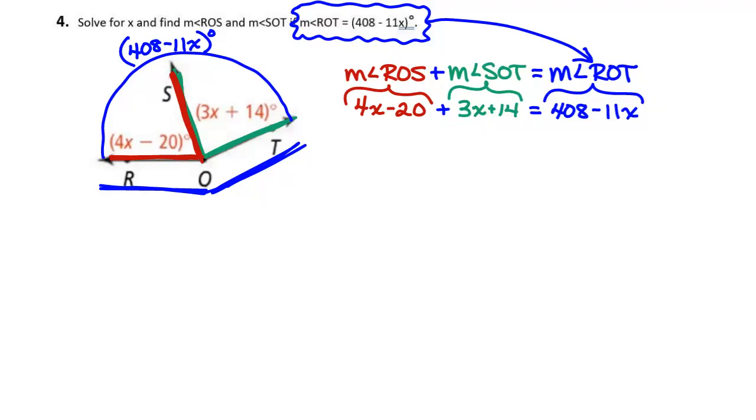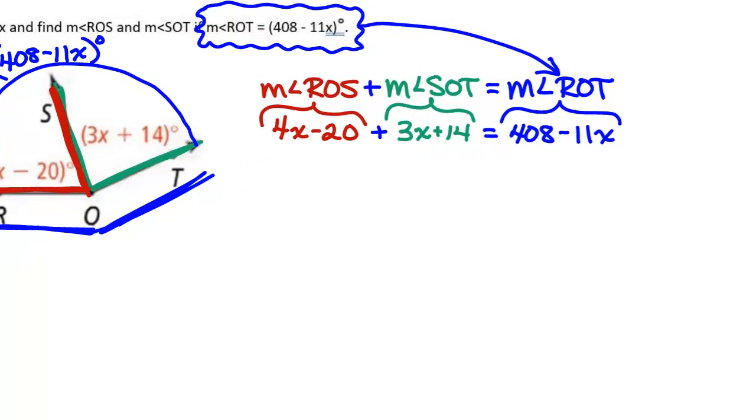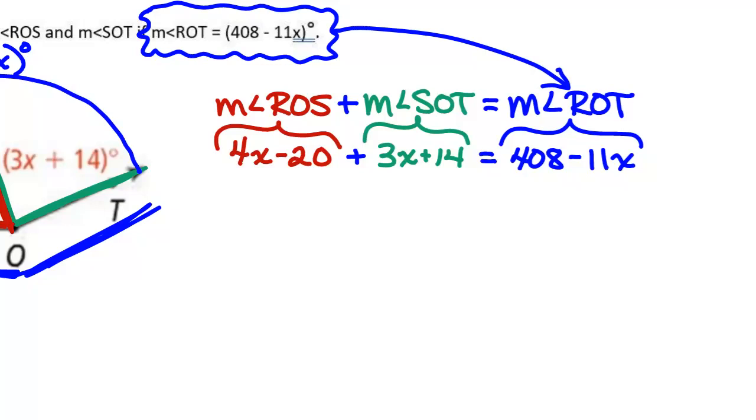What can I do now? What do I want to do to be able to solve this equation? Let's combine our like terms together. What are the like terms over on the left side that I can combine together? 4x and 3x. What do I get when I combine those together? 7x.